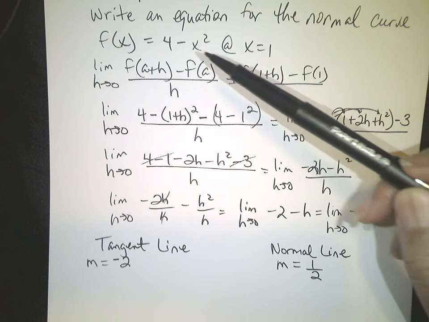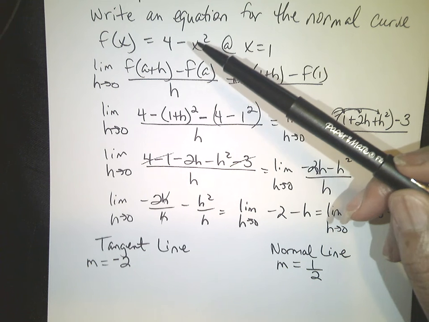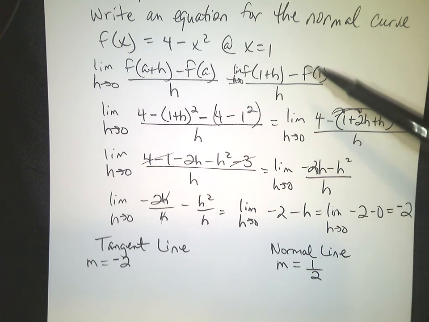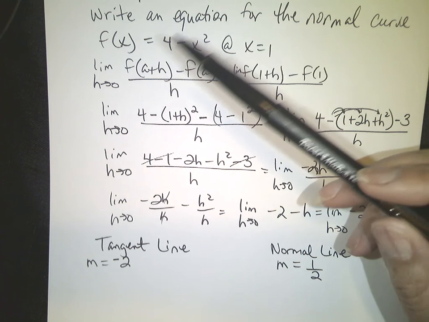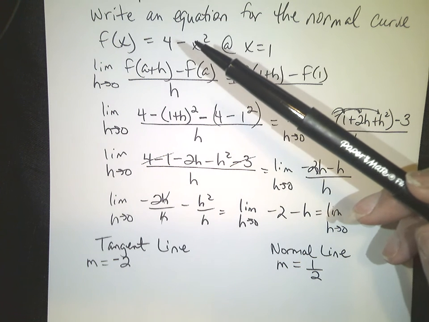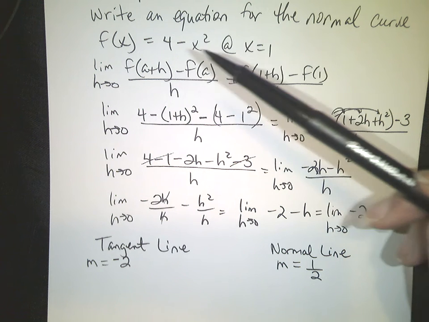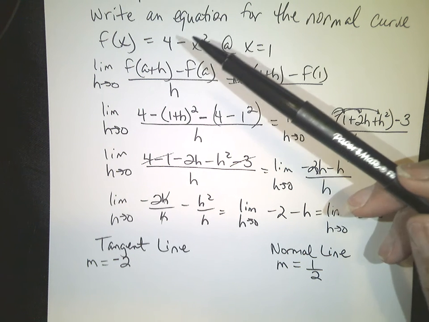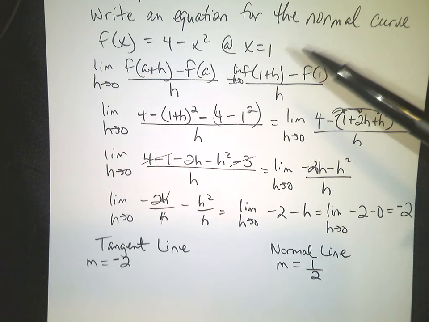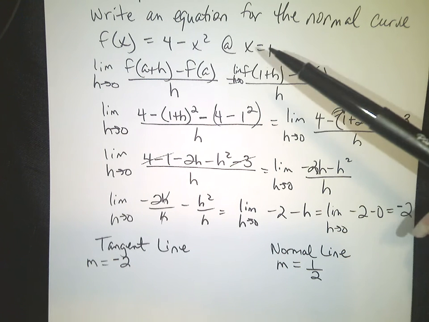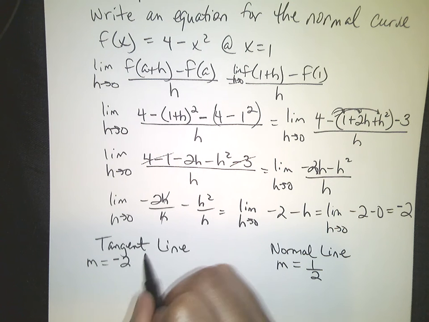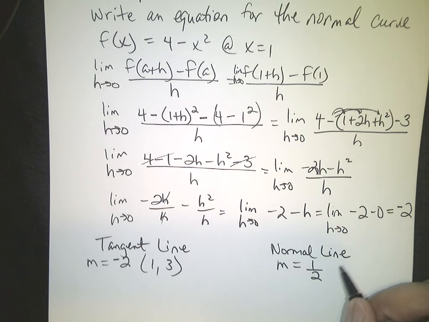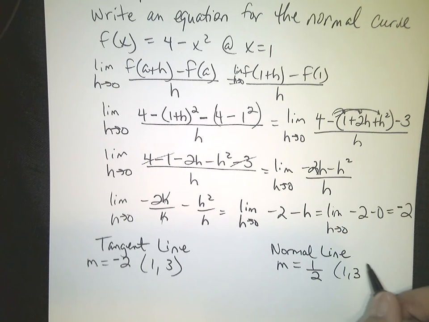We actually already did that when we plugged it in here. So we got 3, and that should make sense. 1 squared is 1, and then 4 minus 1 is 3. So our ordered pair: when x is 1, y is 3.